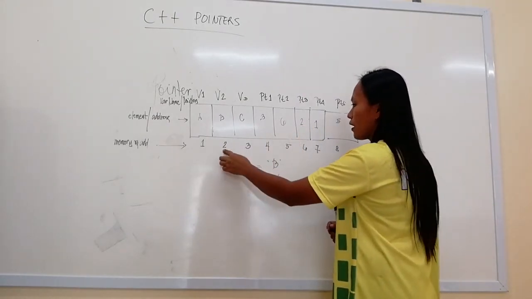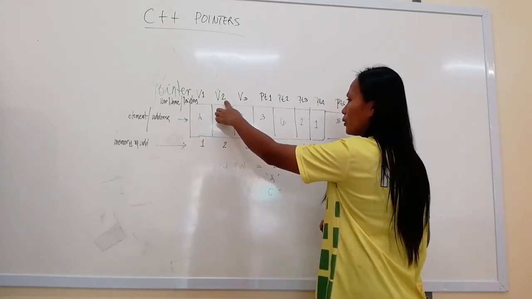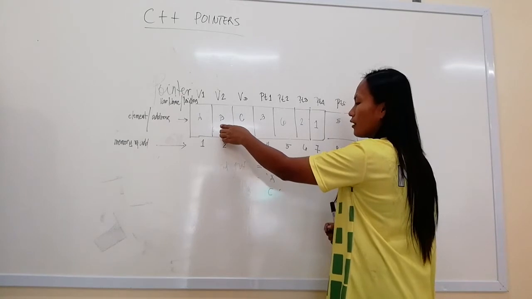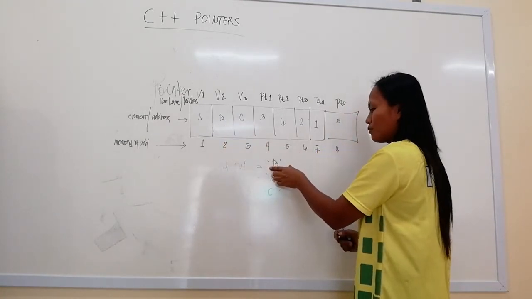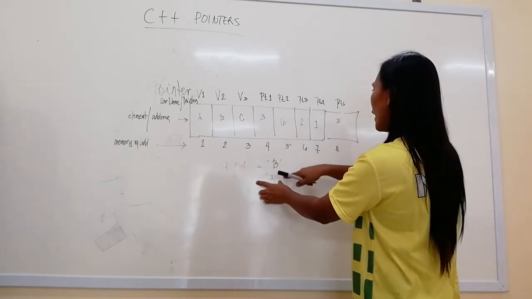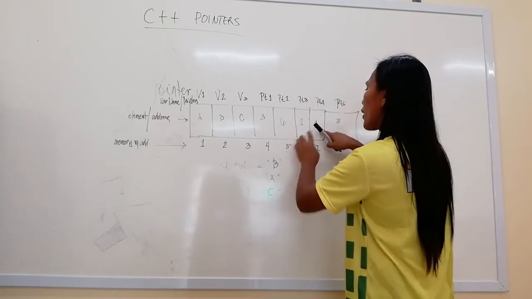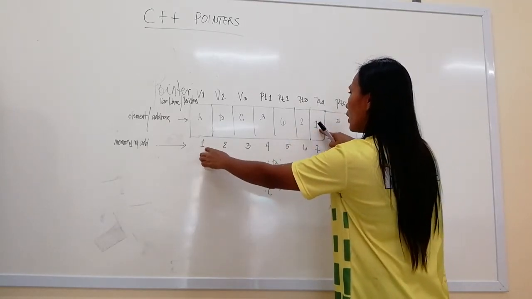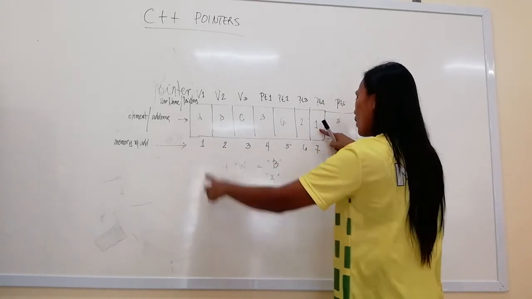So, where is 2 here? The 2 is pointing to variable 2, which contains B. So, the value is B. Next is A. Pointer 4 points to variable A under memory address 1.